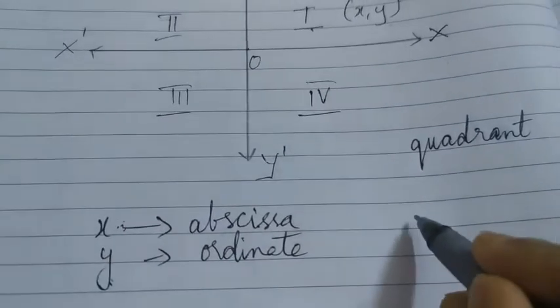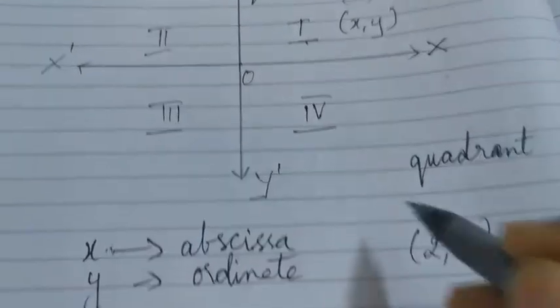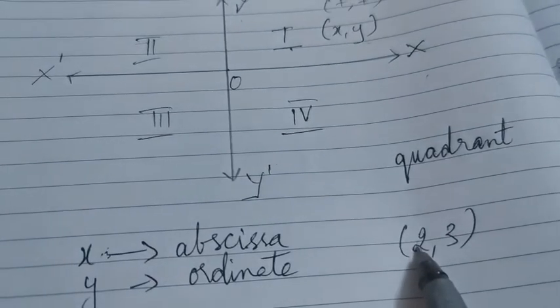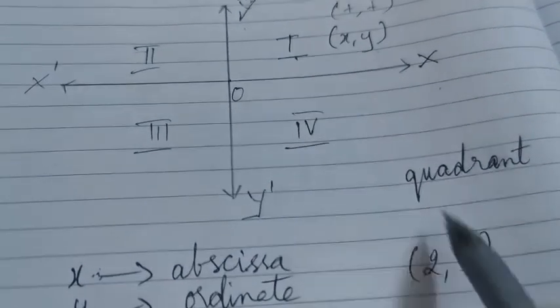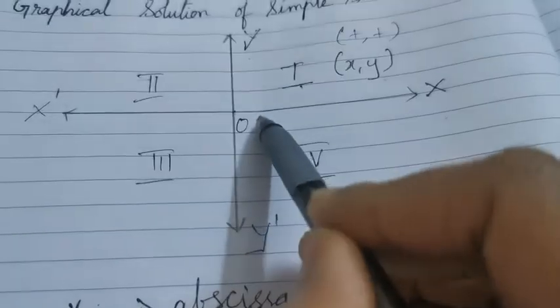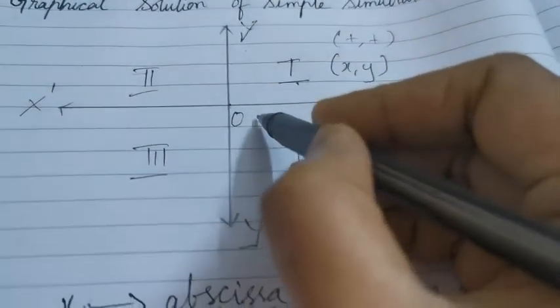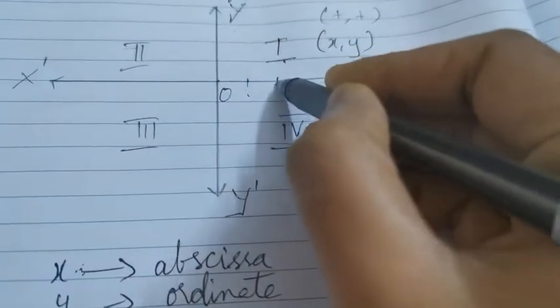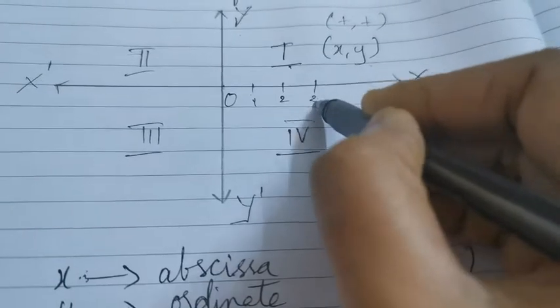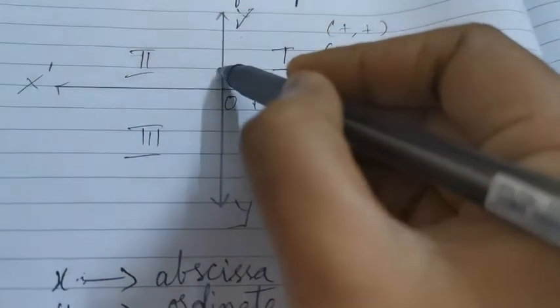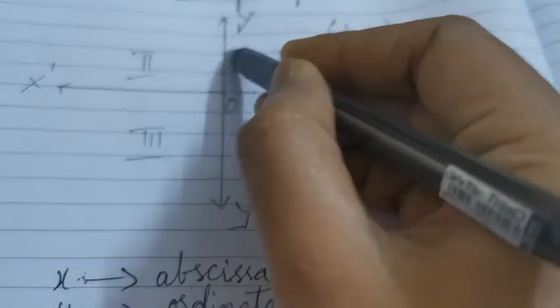For example, I want to mark 2 comma 3. So 2 stands for the value of x and 3 denotes y. So we will check on our x-axis where our 2 falls. Now our 2 falls here. And we will check on our y-axis where 3 falls. So 3 falls here.